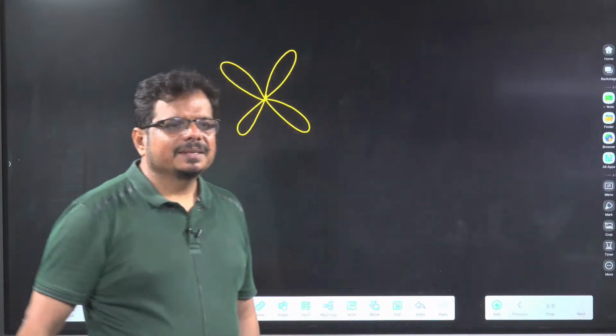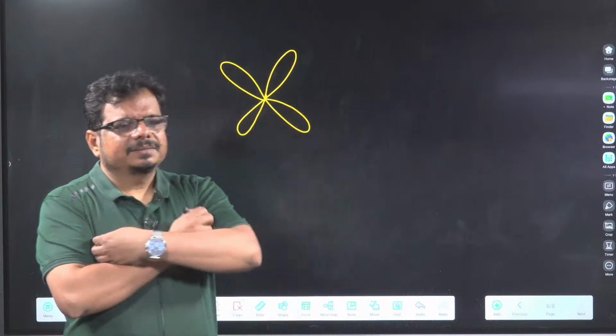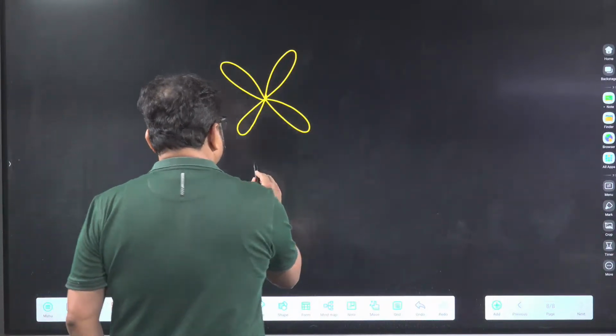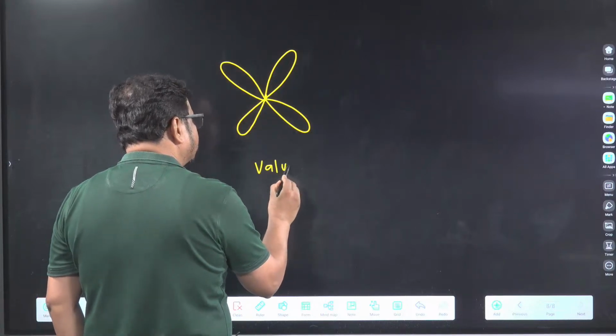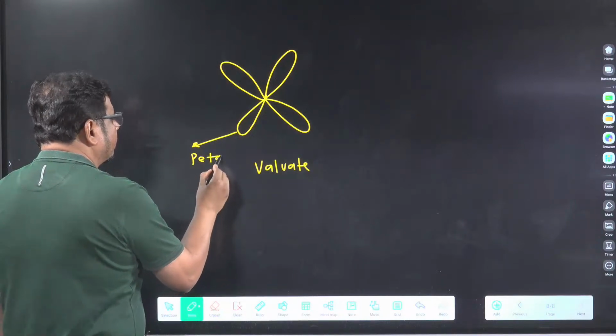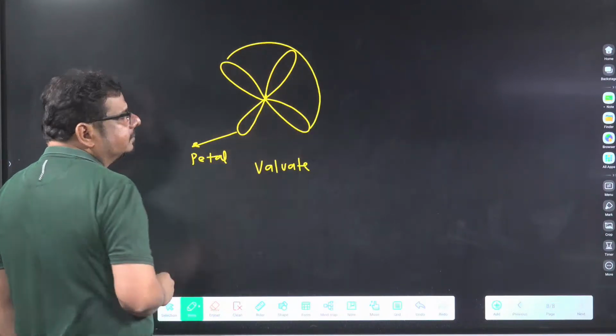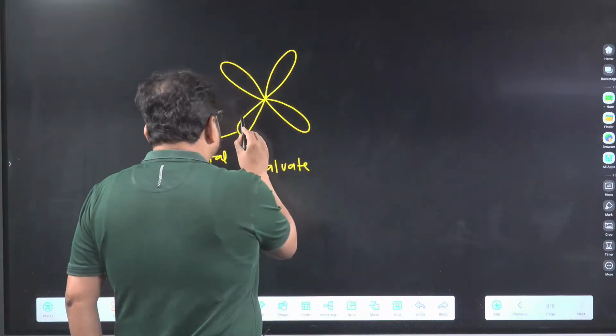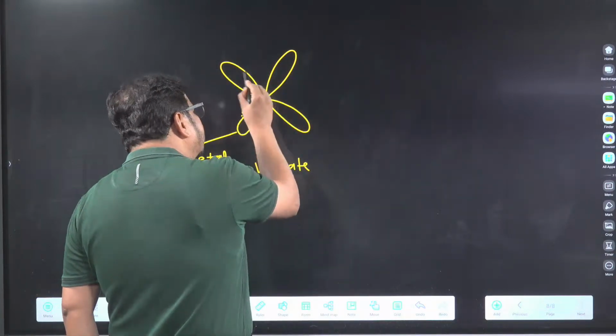Say it. It is valvate type of estivation. It is a petal, it is another petal. So in reference to other petals, this petal is not overlapping the other petals.